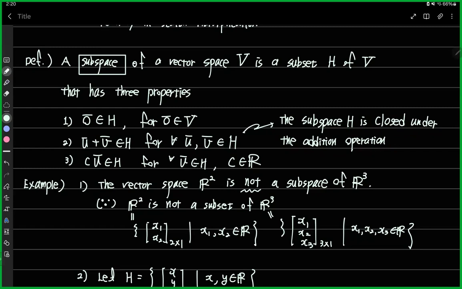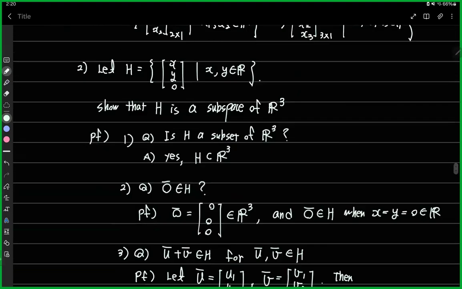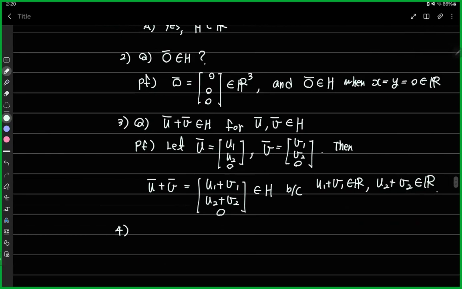Similarly, the third statement: we say that the subspace H is closed under scalar multiplication. That's what we call it. So now that subspace H is closed under addition, we have to show that it is closed under scalar multiplication: c times u is in H, where vector u is in H and c is a real number.